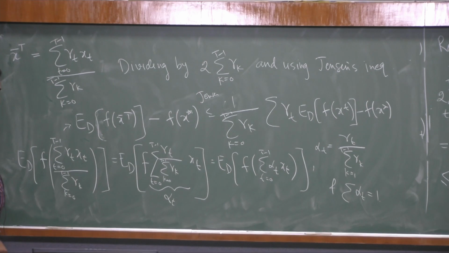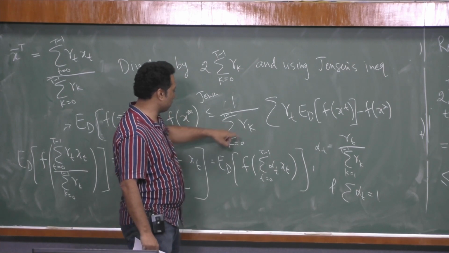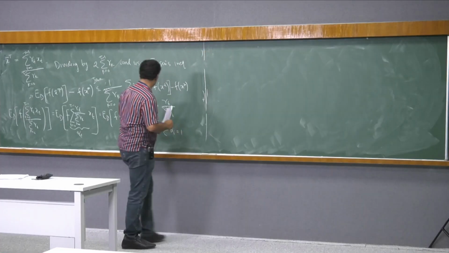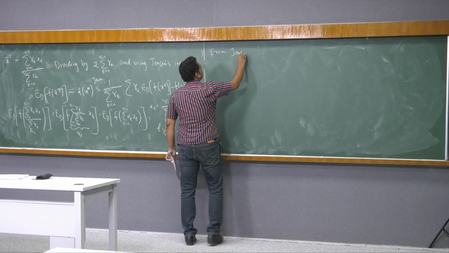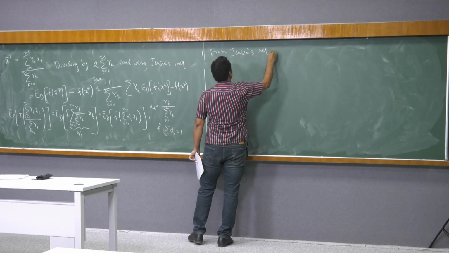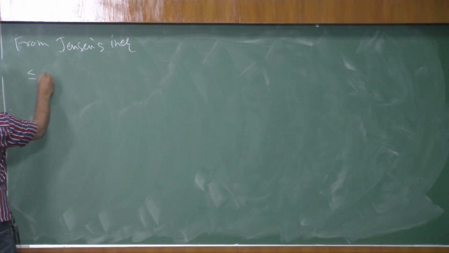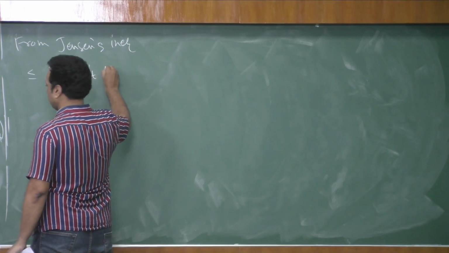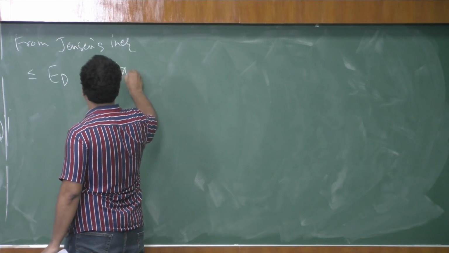So what will happen now is that these guys kind of come out, right? So gamma t and 1 by this come out of the f, but then they give you less than equal to, okay? So let us do it here. From Jensen's inequality, we continue from here. So this will be less than equal to expectation of the sum of alpha t f of x t.